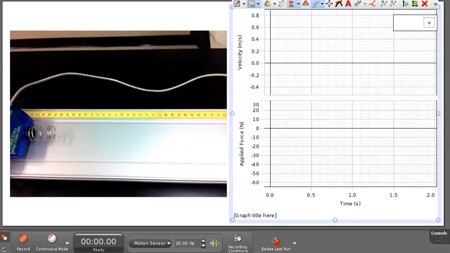When I give the cart a push, it will start recording when it gets past a certain distance, and it will stop recording in 2 seconds. This will be plenty of time to see the force that is applied by the spring onto the cart in order to make the cart bounce. So let's go ahead and start recording and see what happens.